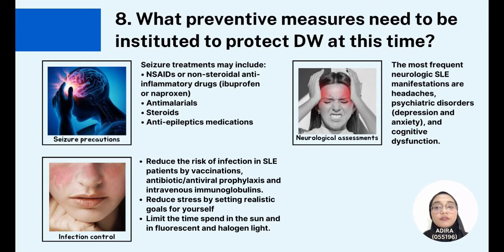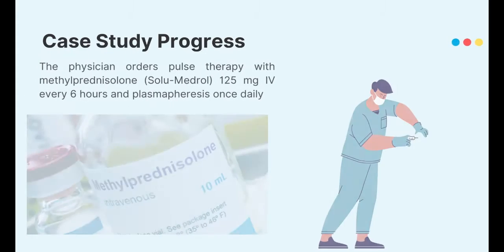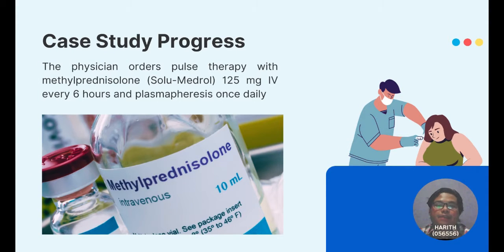Reduce the risk of infection in SLE patients by vaccination, antibiotic or antiviral prophylaxis, and intravenous immunoglobulins. DW also has to limit the time spent under the sun and fluorescent light. The physician orders pulse therapy with methylprednisolone or Solu-Medrol 135 mg IV every 6 hours and plasmapheresis once daily.